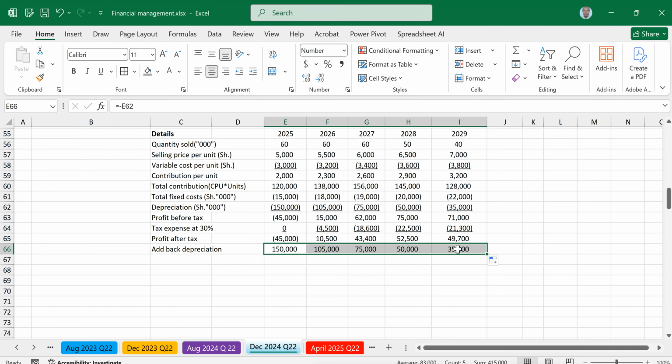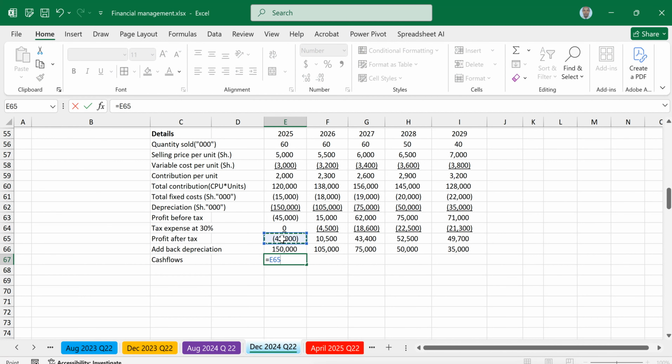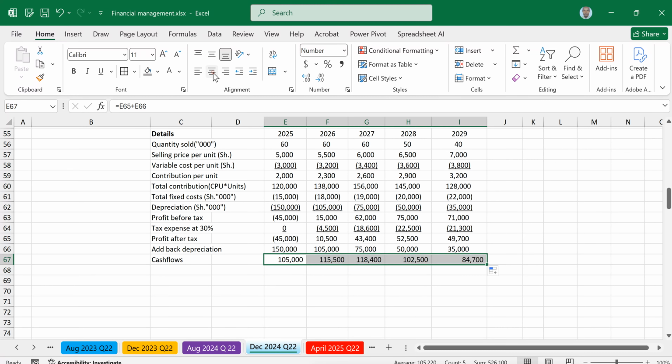So we bring that depreciation, then cash flows will be here. Cash flows will be equal sign, the profit after tax plus the depreciation, and the answer is 105, the same as the other one, but we had skipped a step. There are some adjustments to be made.